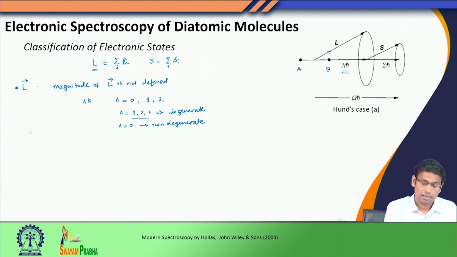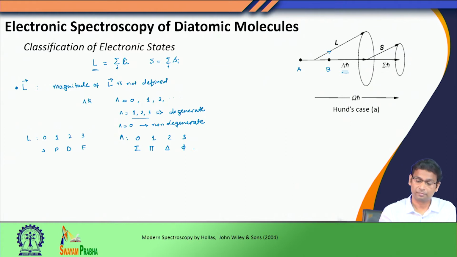Now, if you remember, in case of atoms L equals 0, 1, 2, 3, and so on, we called them capital S, P, D, F and so on. Similarly, in case of diatomic molecules, when lambda is 0 or 1 or 2 or 3, we call them by the Greek symbols sigma, pi, delta, phi and so on.